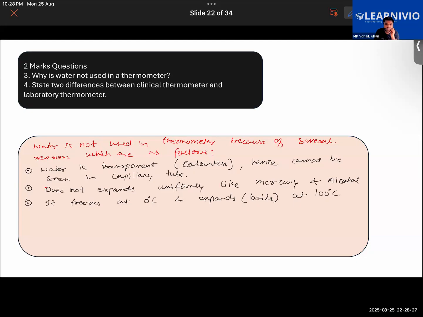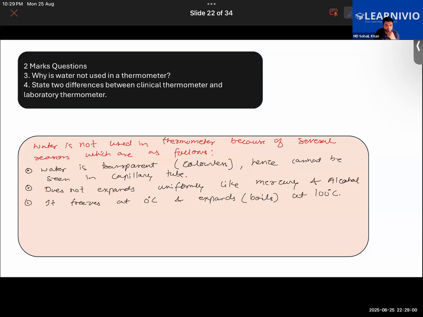The temperature of clinical thermometer is 35 to 42 degrees, and laboratory it is minus 10 to 110 degrees Celsius. Clinical, they have a kink in it, but laboratory, they have no kink. Clinical can be used for body temperature, but laboratory cannot.